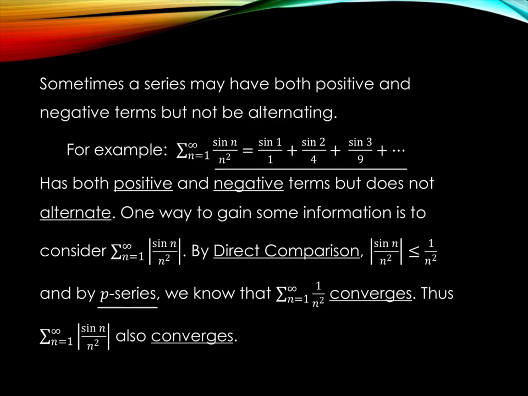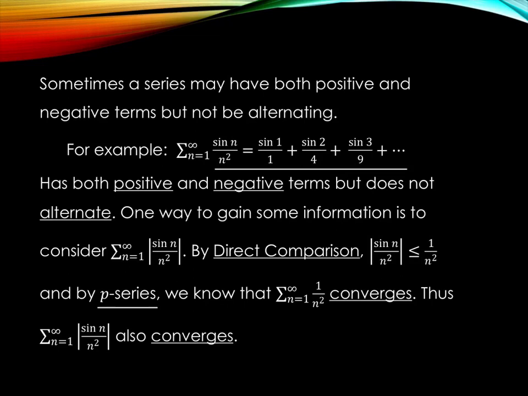So it's not alternating. But one way to gain some information is to consider the summation from n equal 1 to infinity of the absolute value of sine of n over n squared. If we think about our direct comparison test, which you've just come off of homework on, right?